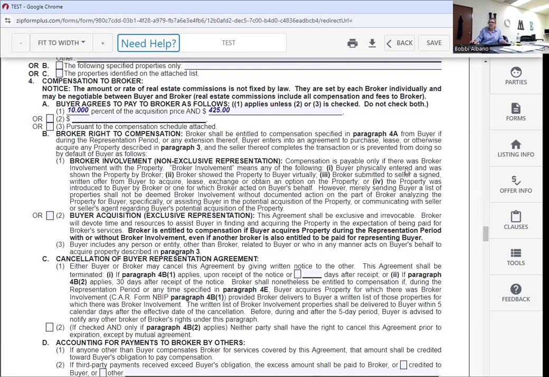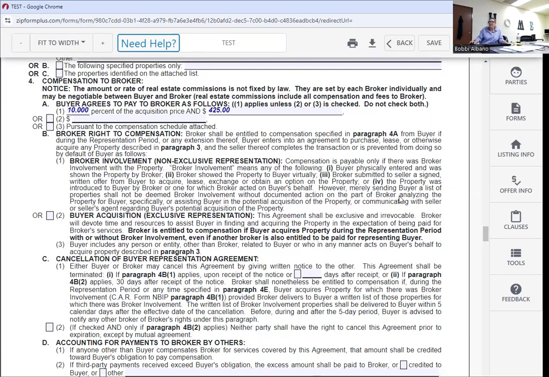Buyer physically entered and was shown the property by the broker. Broker showed the property to buyer virtually. Broker submitted to seller a signed written offer from buyer to acquire, lease, exchange, or obtain an option on the property. Or the property was introduced to buyer by broker or one for which the broker acted on buyer's behalf.